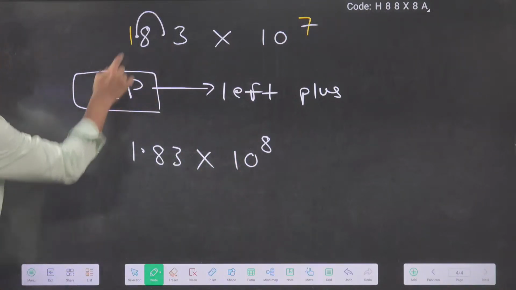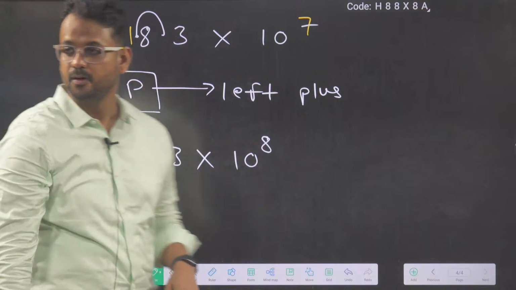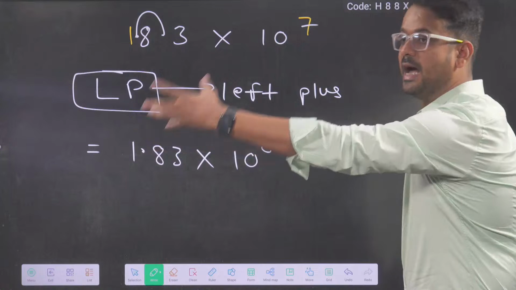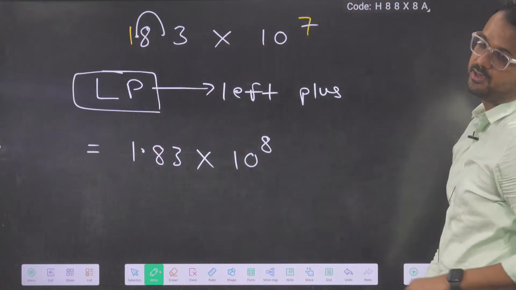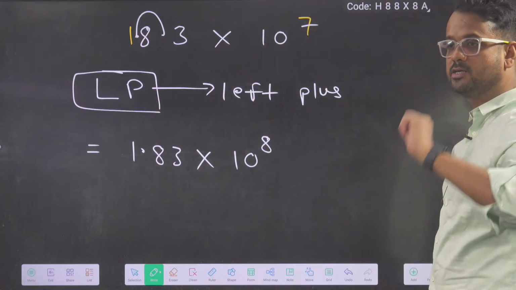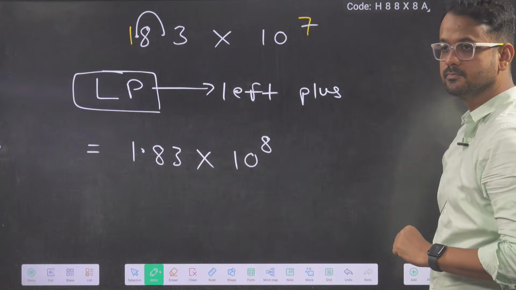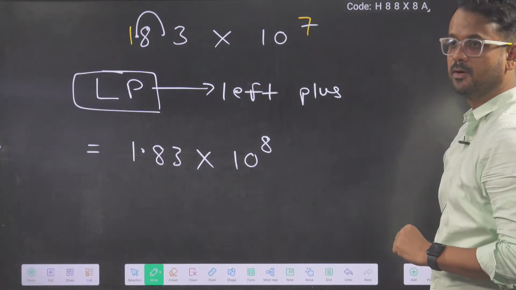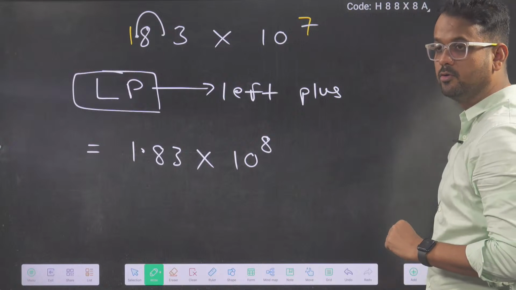So this becomes your scientific notation. As many places as you shift the decimal to the left, that many powers of 10 you will increase. Are you able to understand this, everybody? Okay, boys and girls, understood everyone? 1.83 into 10 to the power 8.